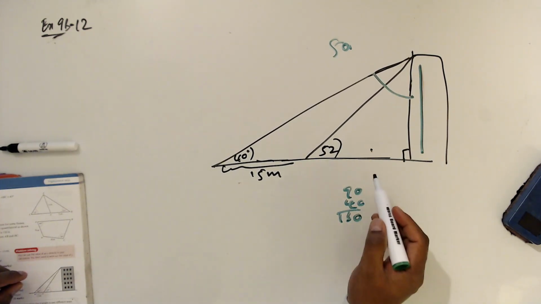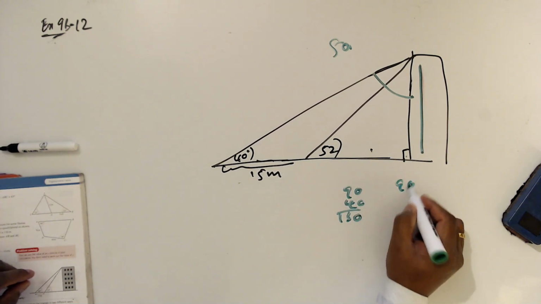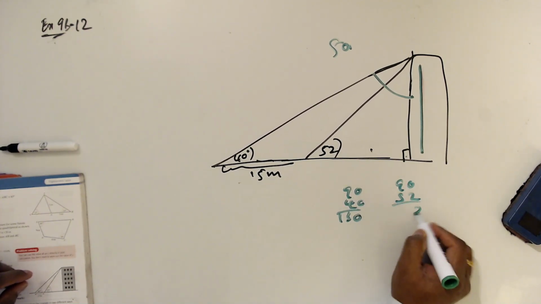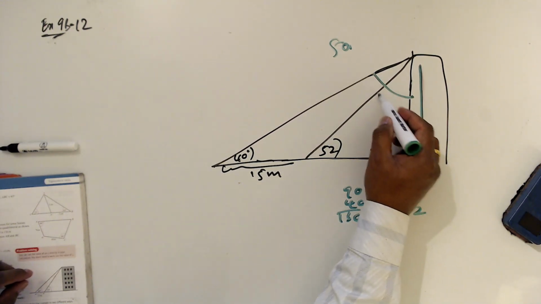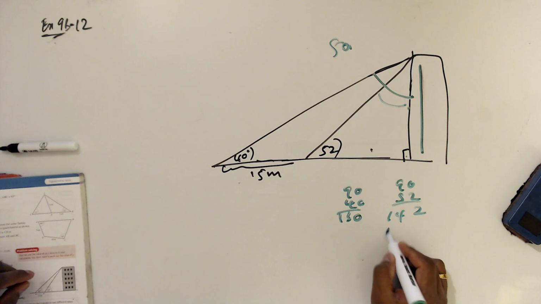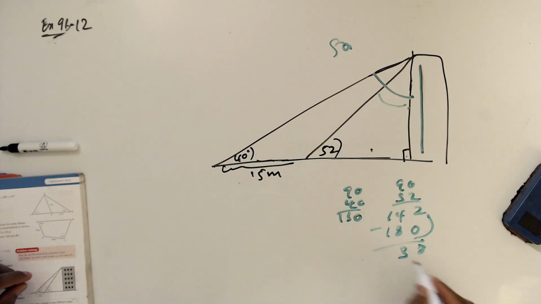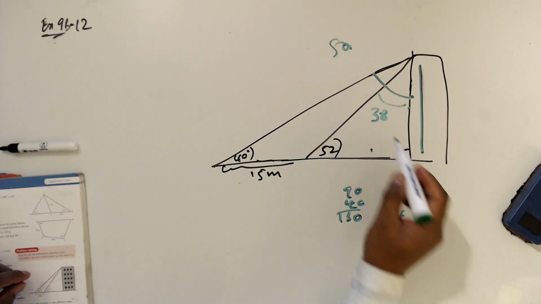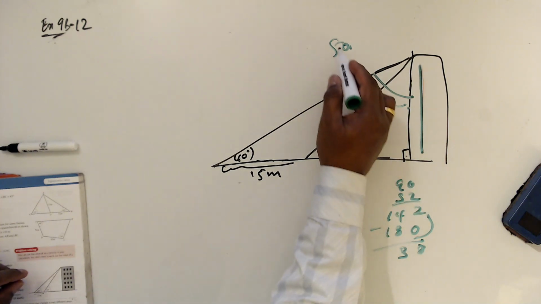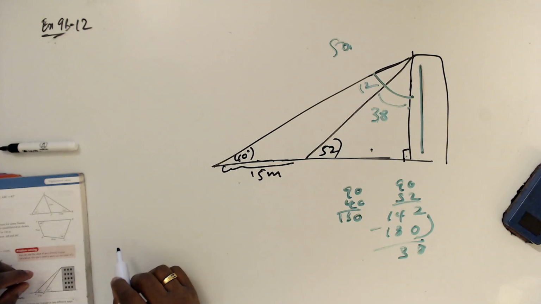And this is 90, this is 52. So then I can find this angle, 180 minus this one. This is going to be 38. If this is 38, this is going to be 12 because the whole has to be 50.